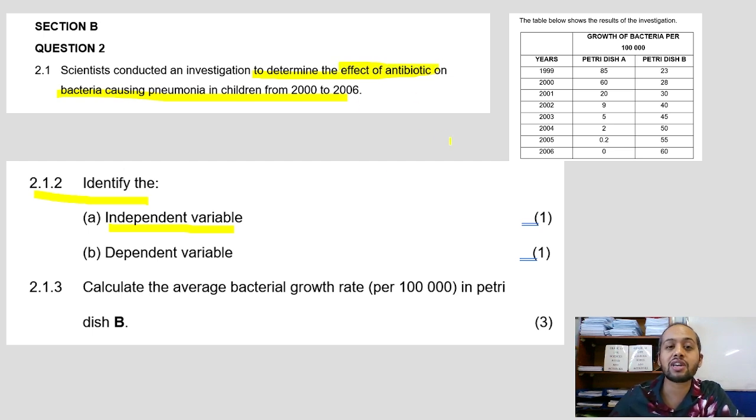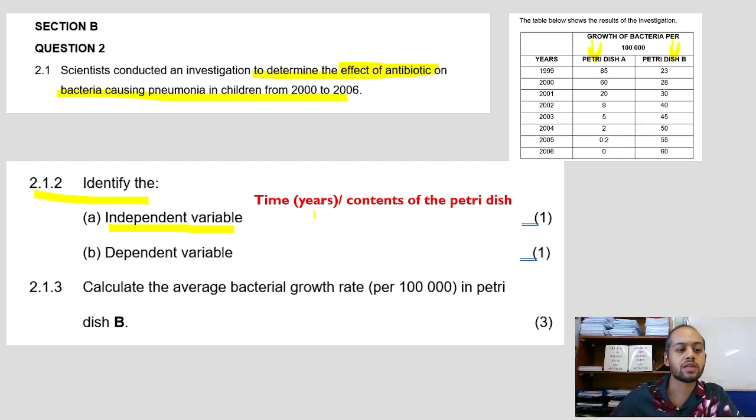You need to say something about the antibiotic. So we know in petri dish A, the antibiotic is present, but in petri dish B, the antibiotic is absent. So therefore we can say the content of the petri dishes, so specifically the presence or the absence of the antibiotic, or you could also say the time period, which is going to be in years.